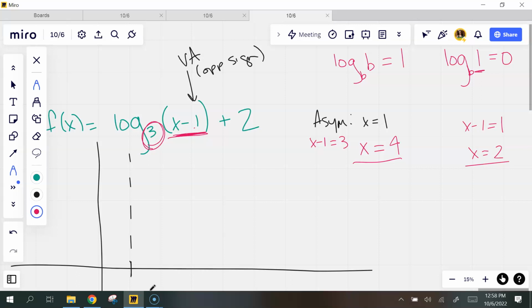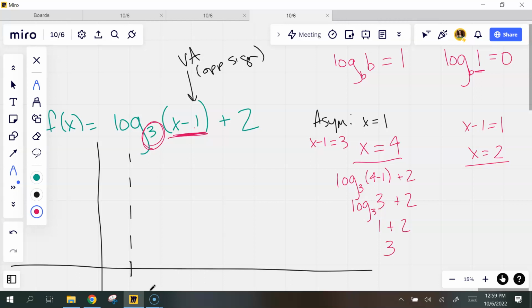What happens when you plug that in? Watch. For the first one, log base 3 of 4 minus 1, plus 2. Log base 3 of 3, which is what I wanted, right? I wanted that because what's the log base 3 of 3? 1. What is 1 plus 2?